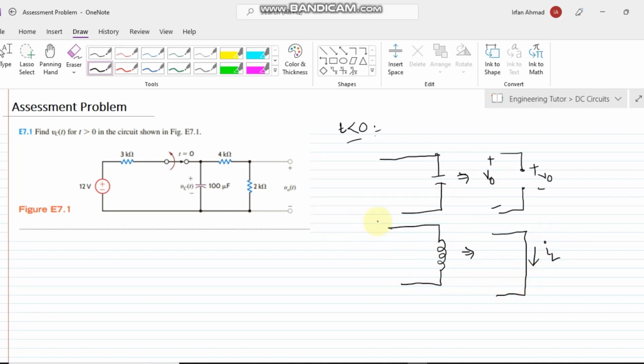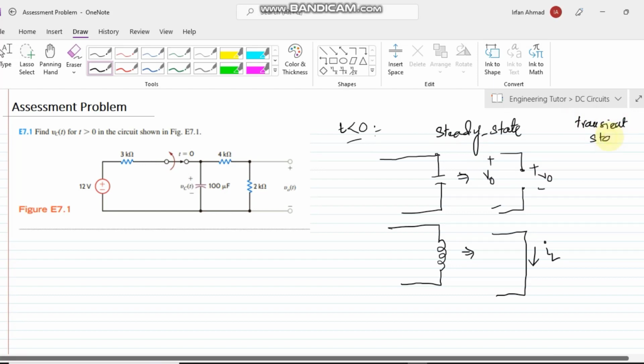So these are basically the two states. One is the steady state, the other one is the transient state.